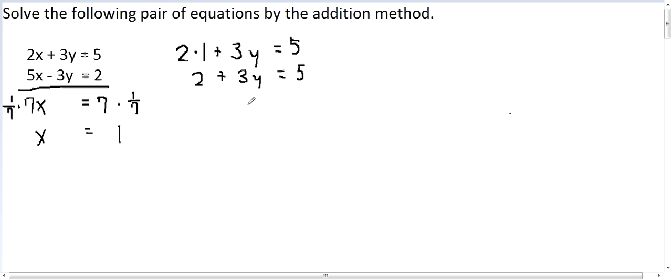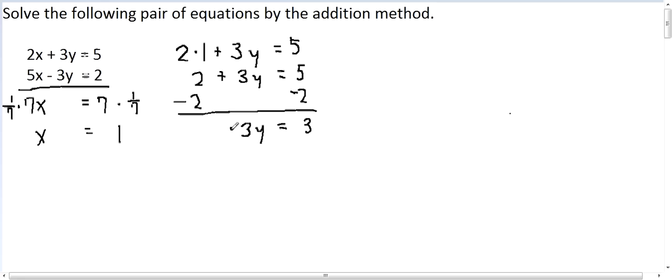Then to get y by itself, we first need to get rid of the 2. So let's subtract 2 from both sides. Two minus 2 is 0, so we're left with just 3y on the left hand side. And on the right hand side, 5 minus 2 is equal to 3.